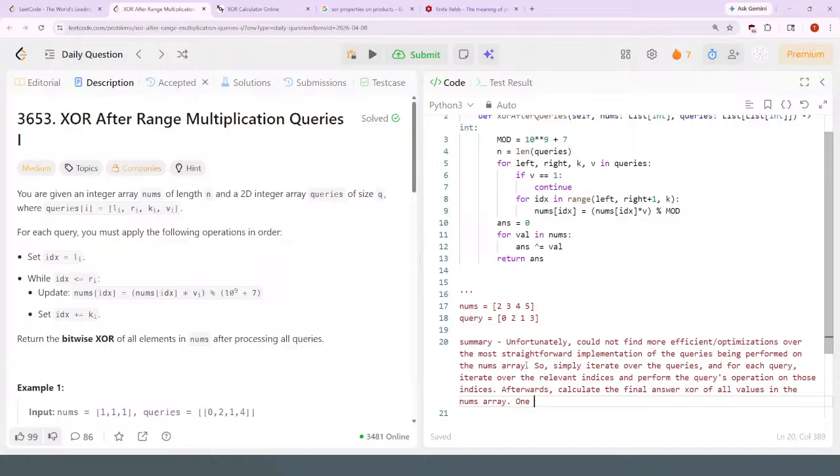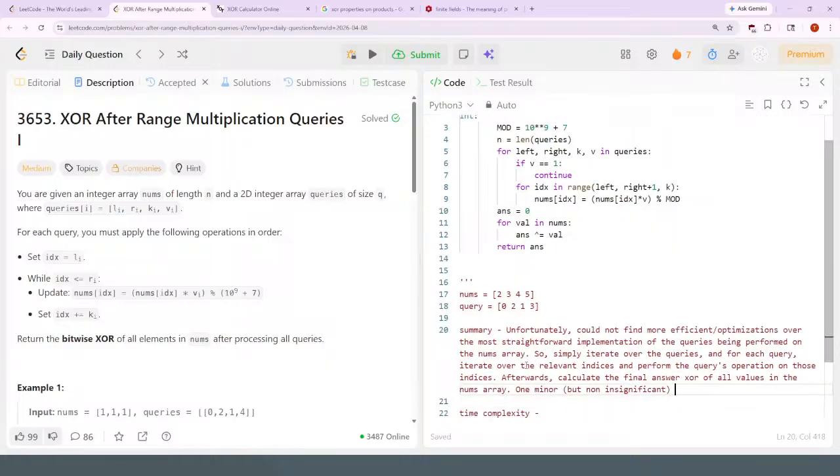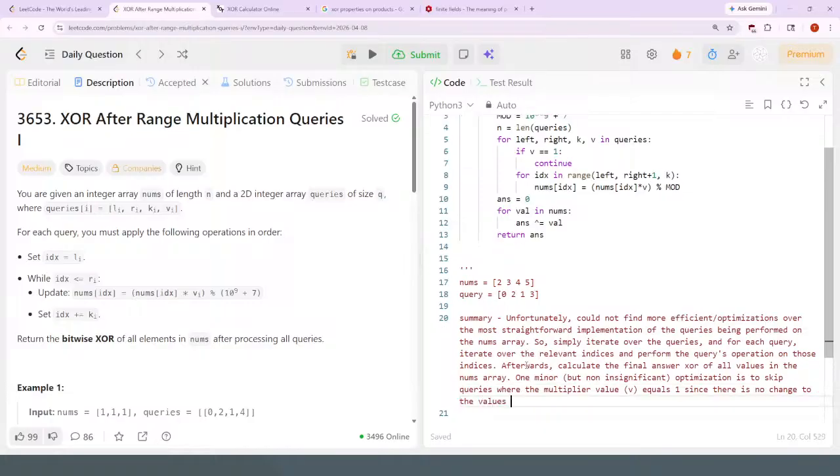One minor, but I guess non-insignificant, optimization is to skip queries where the multiplier value, which is v, equals 1, since there is no change to the values for that query.